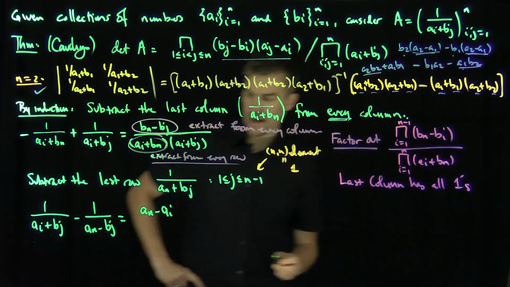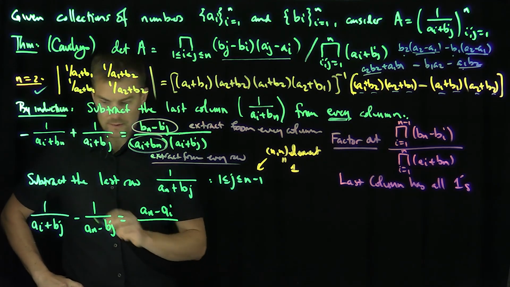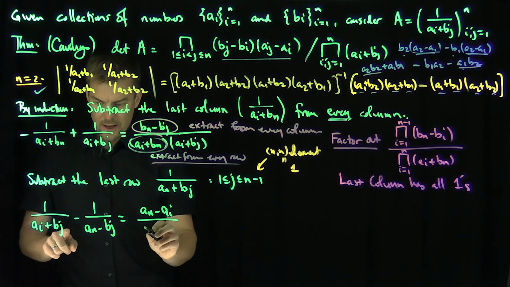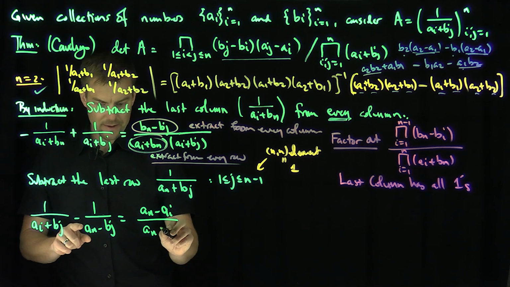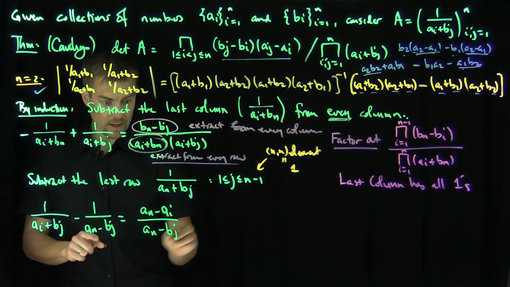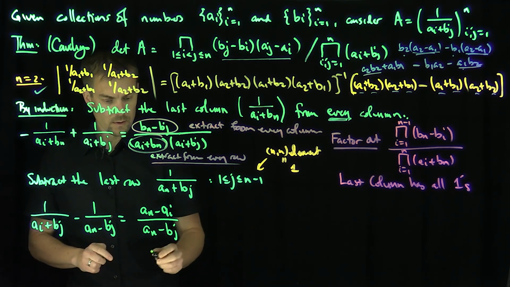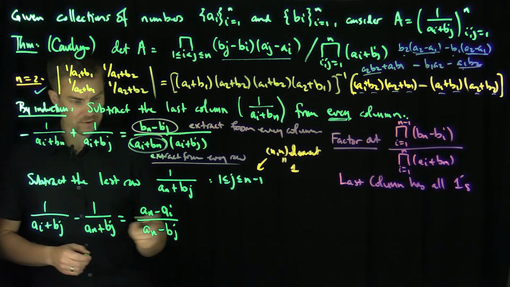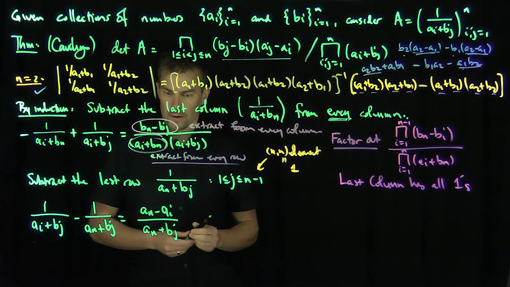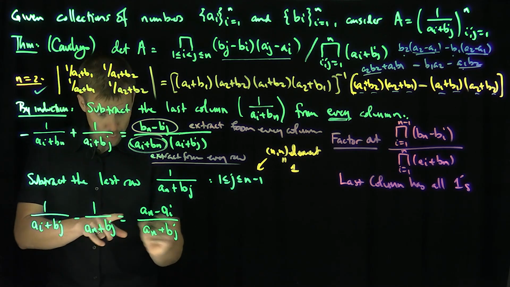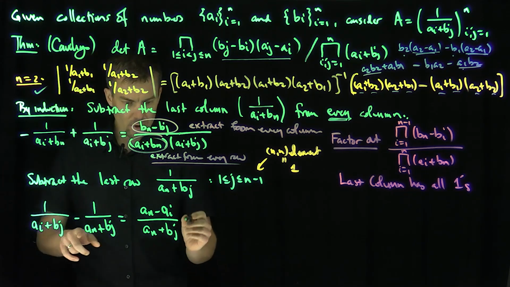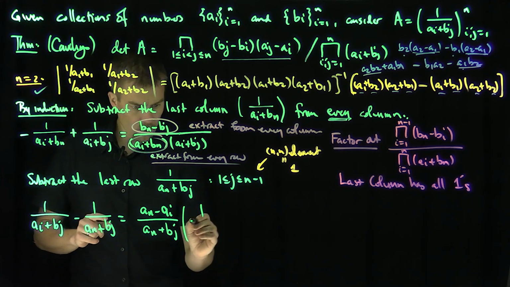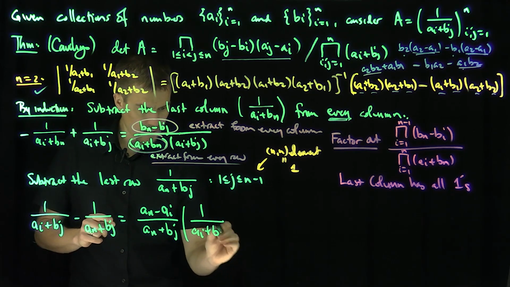Over an plus bj, again with j going from 1 to n minus 1. That's a plus sign actually, so it has to be a plus. That's what we want, right? And then what's left over is going to be 1 over ai plus bj.